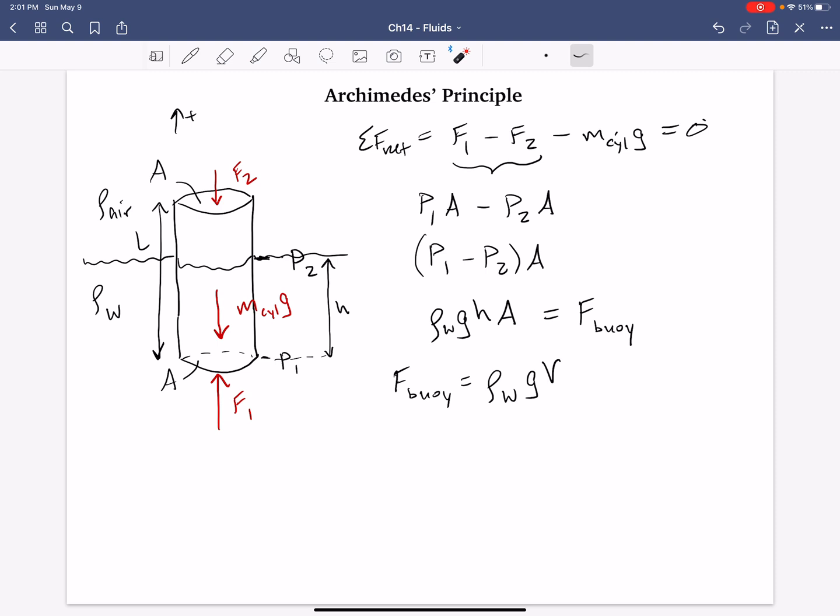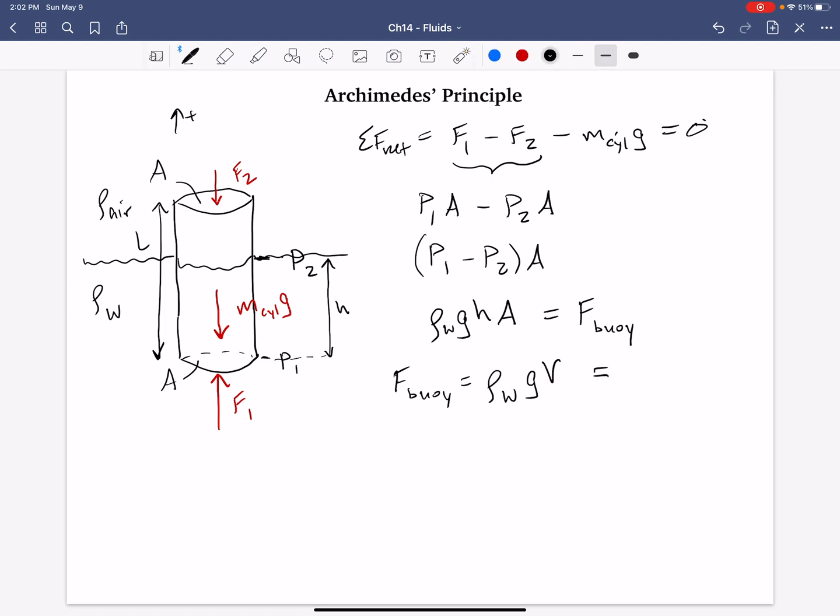So if you insert an object in a body of water, it floats because some portion of its total volume literally pushes the fluid out of the way. And in this case, it's just this, and that's the same right there. So that's the buoyant force.